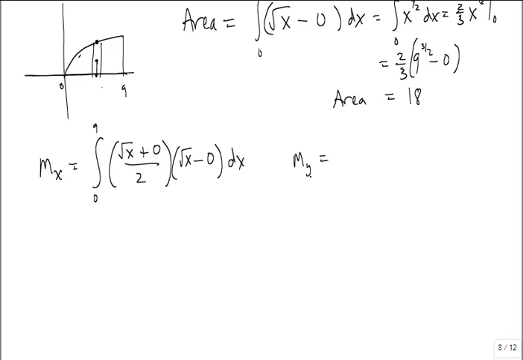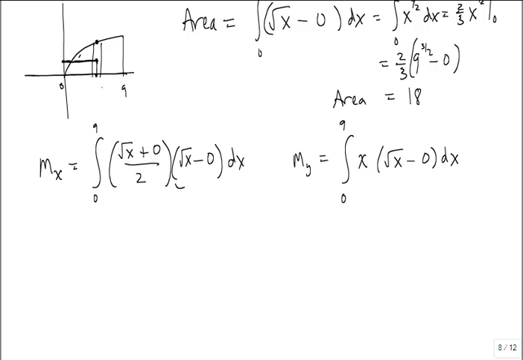For the moment about the y-axis, that's going to use this directed distance here. So our integral bounds will still be 0 to 9, but this distance here just corresponds to the x value of that point. So we're just going to call that x. And we have to multiply that distance times our mass, which comes from our area, the top function minus the bottom function, which is your height, times your width.